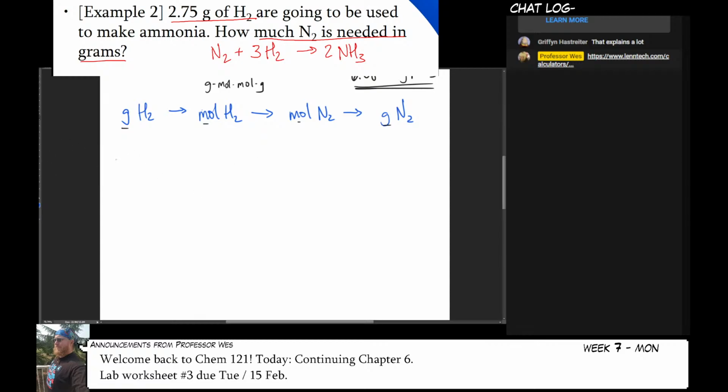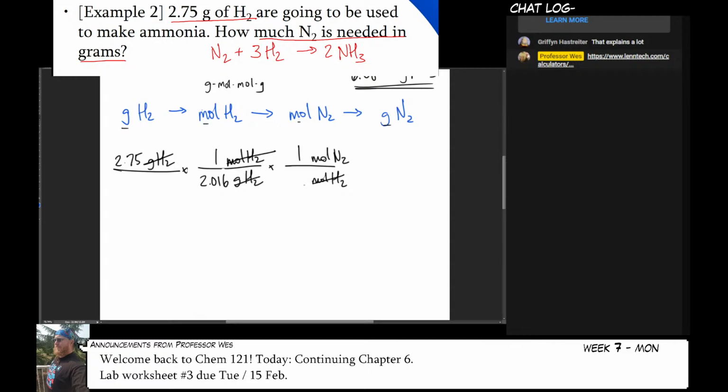All right, so let's start with the amount that we had here. We looked this up on Lentech, and it was 2.016, actually. I wrote down the wrong number. There you go. And then for this relationship, we just use the balanced chemical equation up above there.